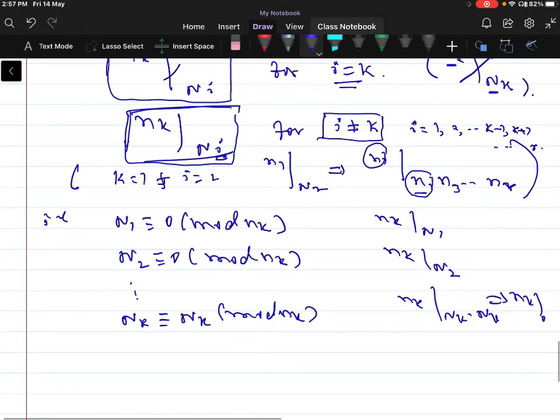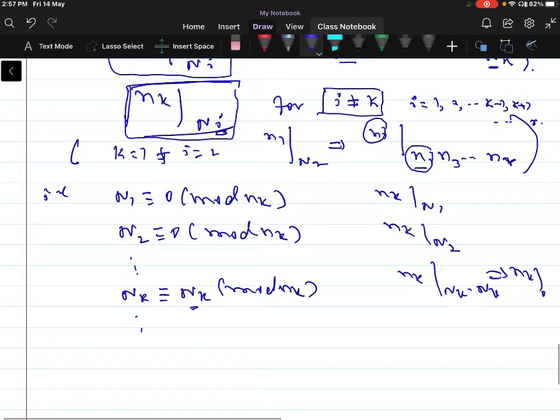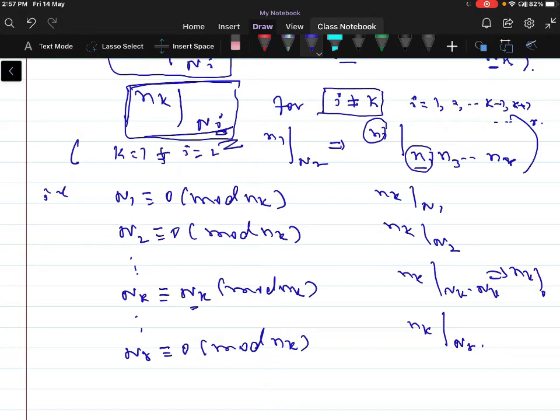So therefore 0 is not a remainder in this case. And so on, capital Nr is congruent to 0 modulo nk, since nk again divides capital Nr also from this result. So let us call this equation 2.